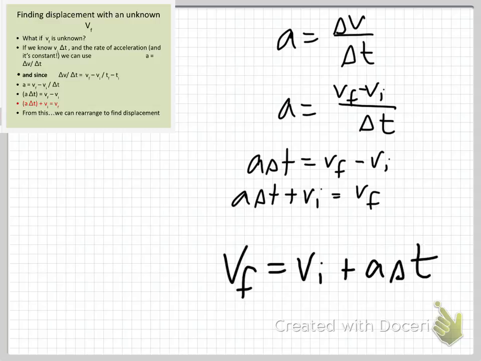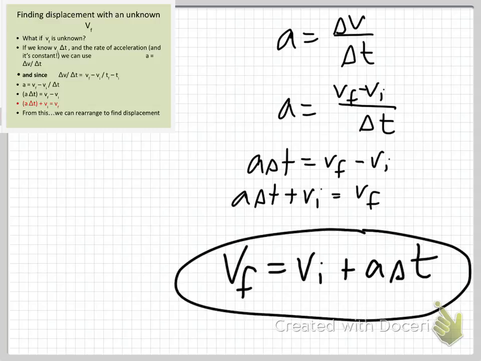It's one of the golden equations that when you read it in that order, just seems like common sense. So VF equals VI plus A delta t, and that's the second of your golden equations. I would put that on your note card. VF equals VI plus A delta t. Your final velocity is your initial plus your rate of acceleration, how long you have had to accelerate.